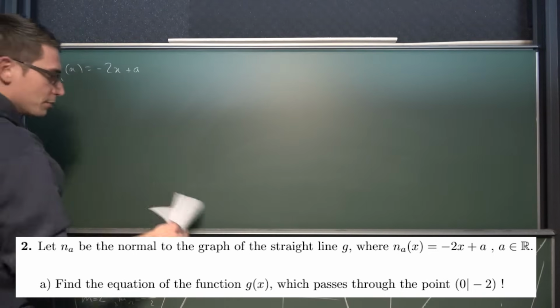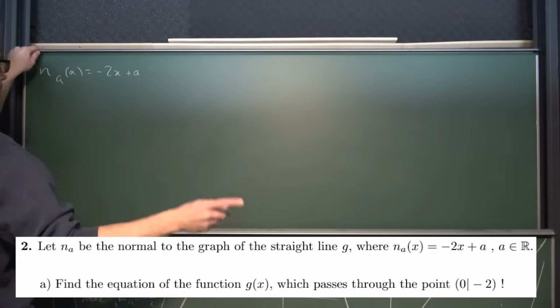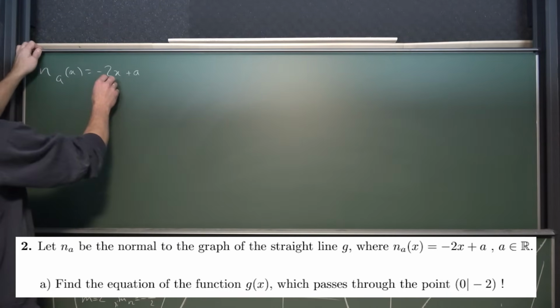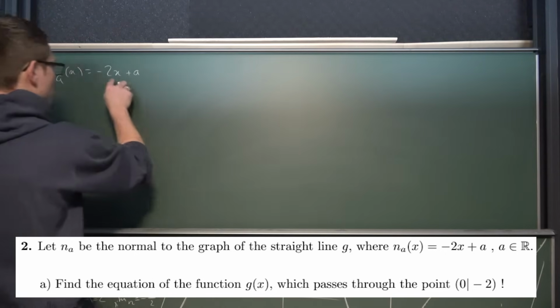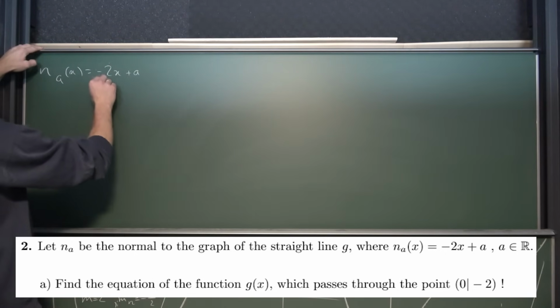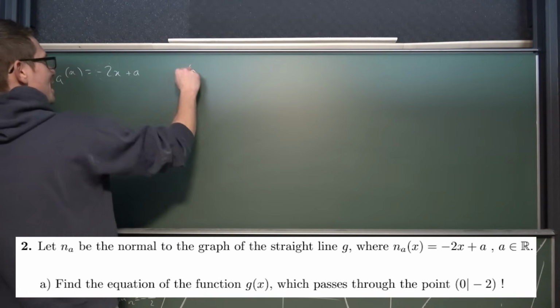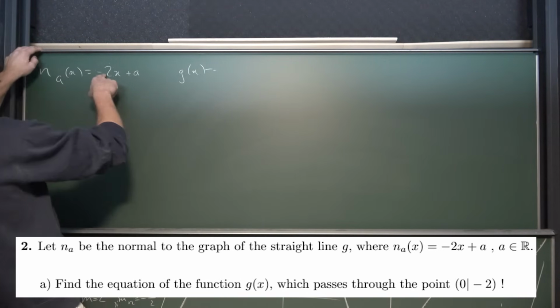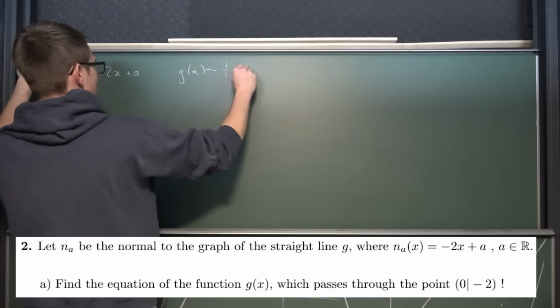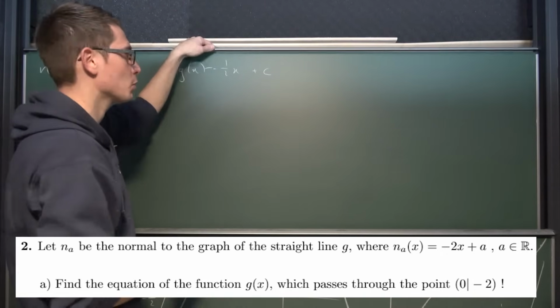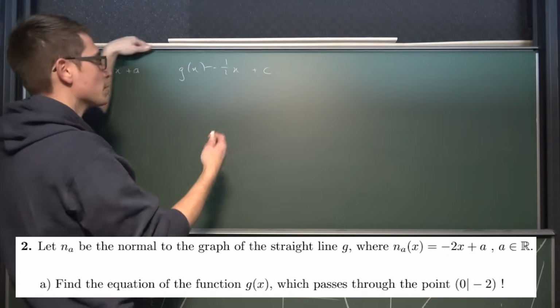Remember what I said before, and I'm going to put this piece of paper here for now. If you want to find out the slope of the straight line, or vice versa the normal, we are going to take the slope here and we are going to take the negative reciprocal. Meaning g of x looks something like negative and negative is positive 1/2 x plus c. We don't know what the y-intercept is yet, but for this we have a point given.